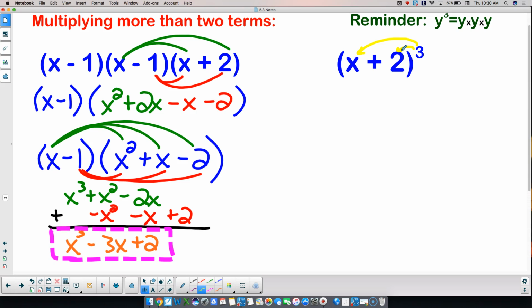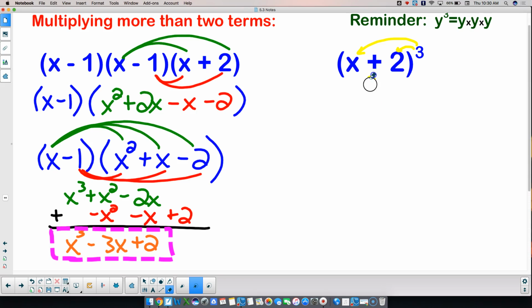Okay? Unfortunately, that's just being lazy and not good math. So that would work if this were a multiplication sign. But because that's not a multiplication sign, I can't do that.